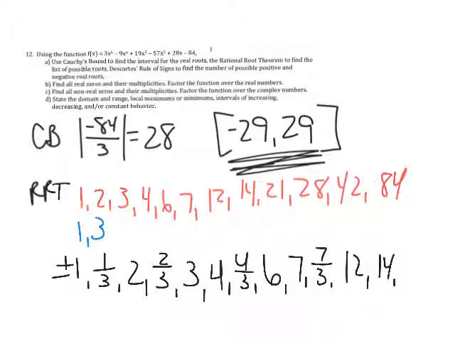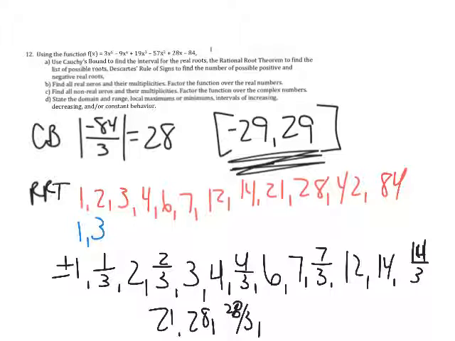I got a 14. Then a 14 over 3. That 14 looks really weird. There we go. A little bit better. Then I have a 21. 21 divided by 3 is a 7. 7's already on our list, so we don't write it. Then I got a 28 and a 28 divided by 3.